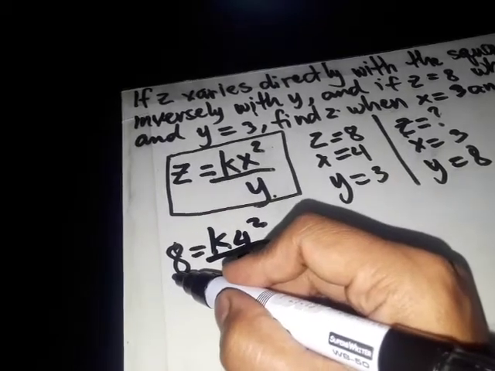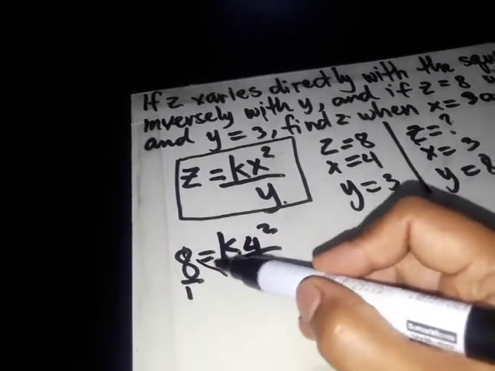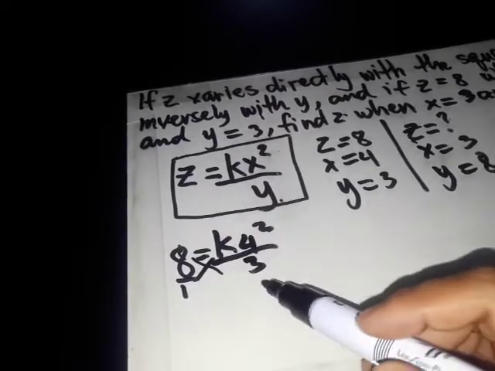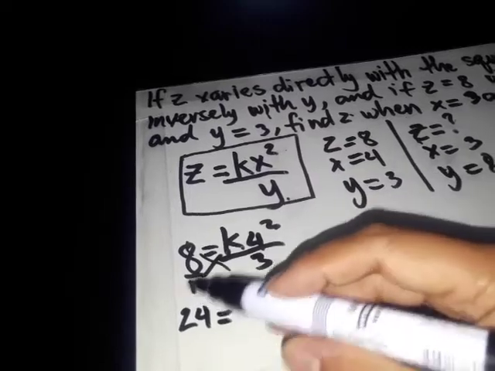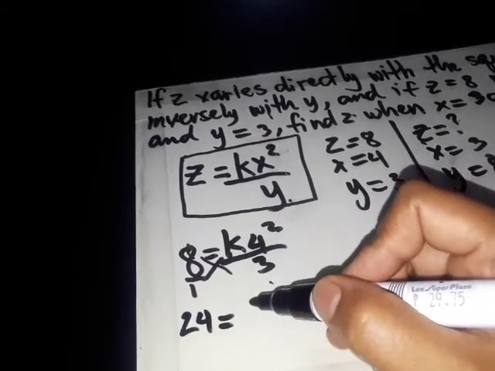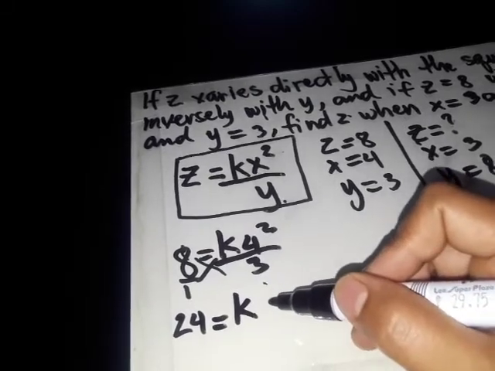Next, this is whole number, so over 1. Ngayon, ang gagamitin natin ay cross product. So, 8 times 3 is equal to 24. Then, 1 times k 4 squared is equal to k 4 squared is 16.